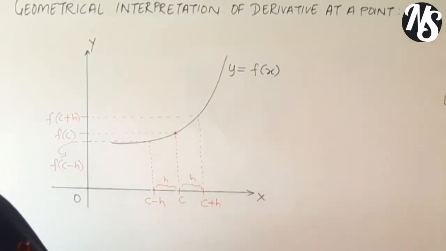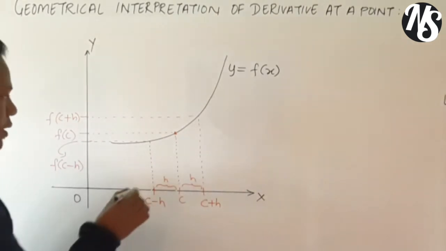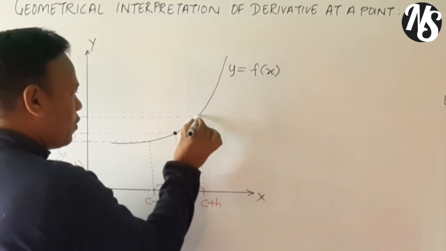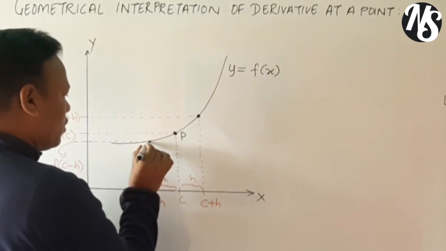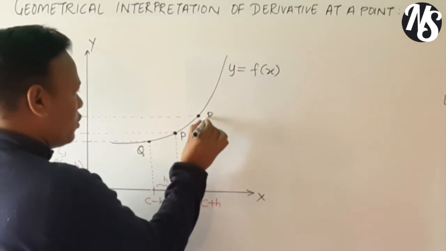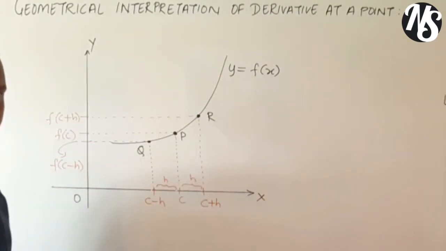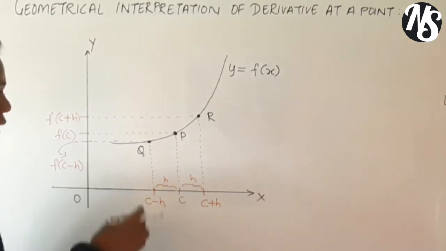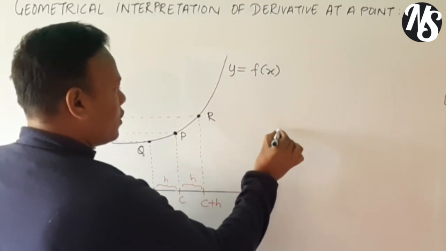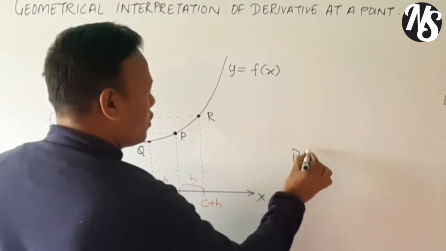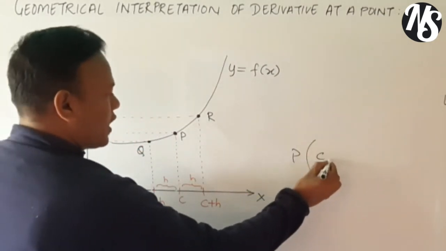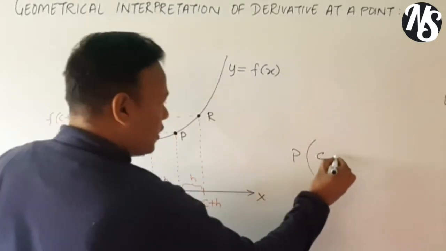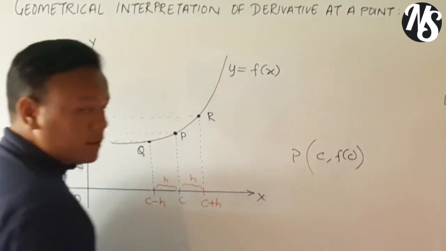Now let me give names out here. Let me call this point P, this point Q, and this point R. See here carefully. If I ask you what is the coordinate of P, first you have to write the abscissa, then the ordinate, that is the y value, which is f(c), yes or no?